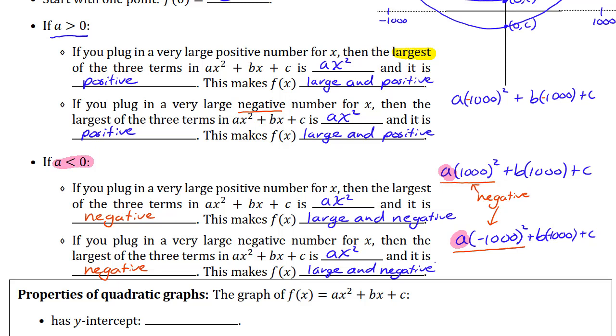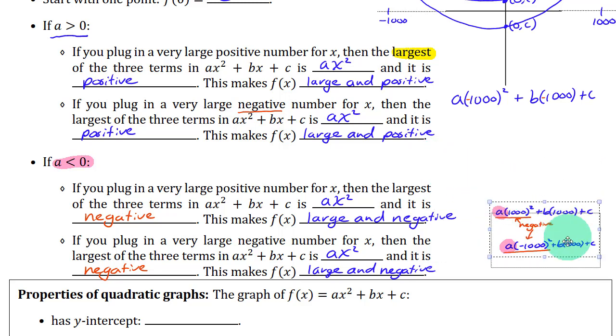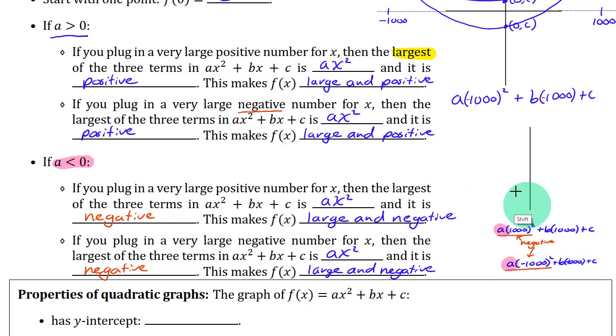All right, so what does this look like now? I'm running out of room. Whoops, let me make a little room over here. Whatever c is, maybe c is negative, maybe c is positive, but when you plug in a big negative number for x, like negative 1,000, or a big positive number like 1,000, you still get a big negative result.